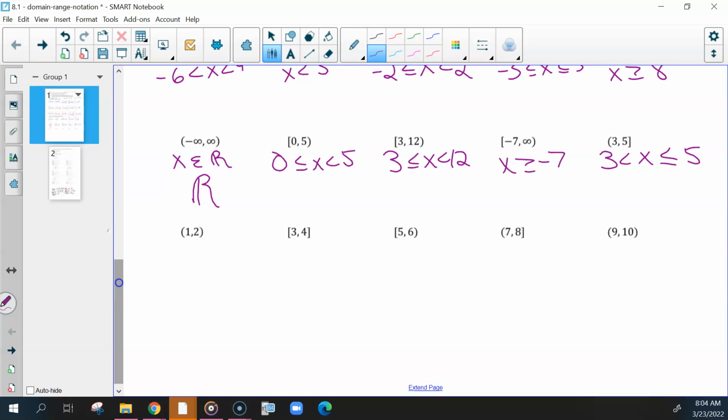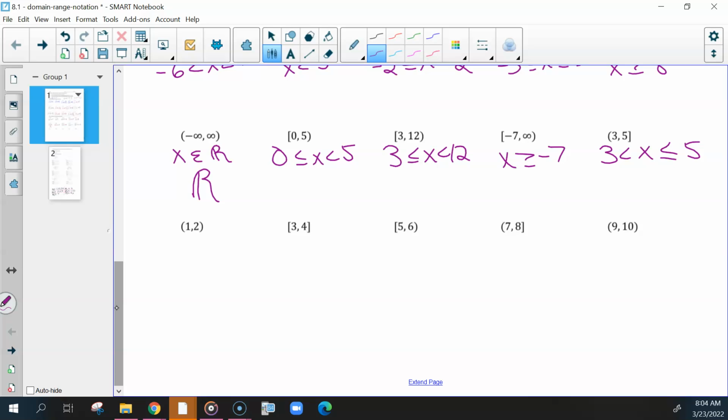Yes. As soon as we finish these 5 years. 1 to 2, how would we write that? So really this is saying it's bigger than 1, but it's smaller than the other. It's in between these values. 3 to 4, how would we write that? 5 to 6, how would we write that?